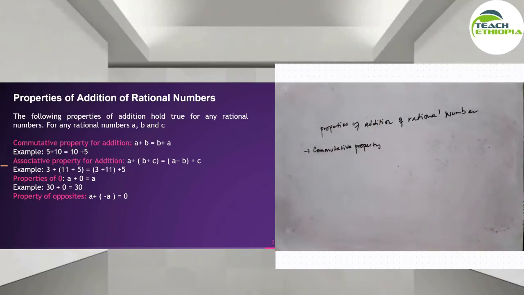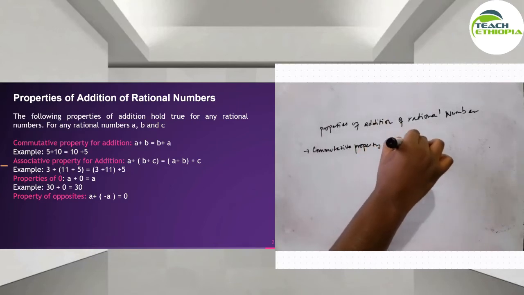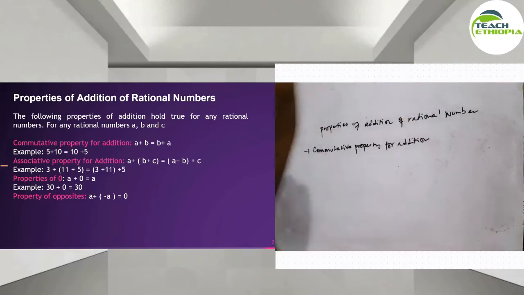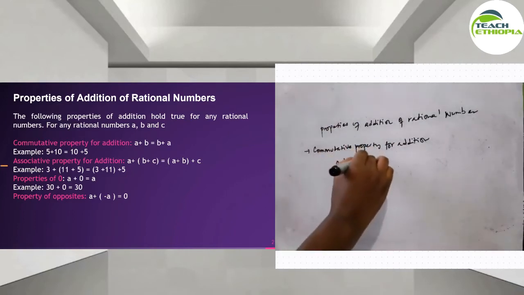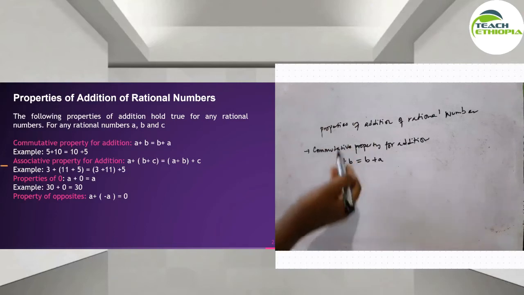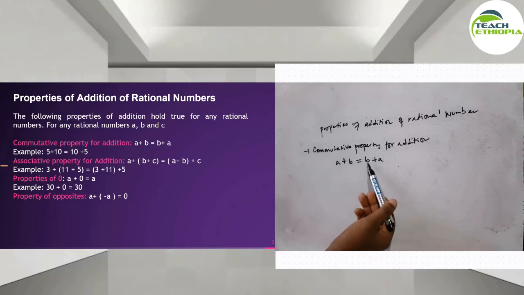Basically commutative property for addition, let's say a plus b is equals to b plus a. This commutative property ምናልባት lower grade ላይ የቀየር ባህሪ በሚል ስም ነበረ የተማራችሁት። a plus b equals to b plus a.